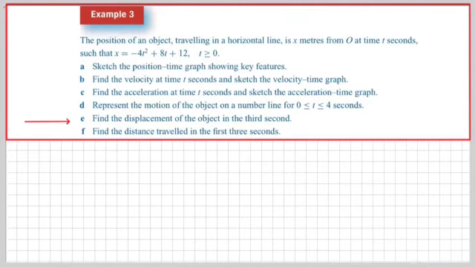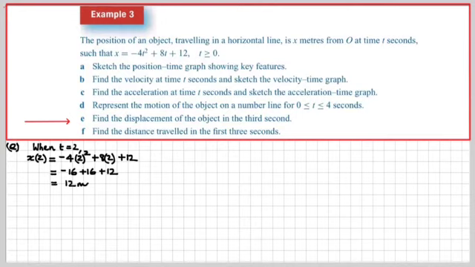That's D. Now, what have we got to do with E? Find the displacement of the object in the third second. Okay, now to do that, you've got to find the displacement at the end of the second second, and then the end of the third second, and then find the difference in the positions, right? That's what we'll do. So when t is 2, x at 2 would be that according to our formula, which gets us 12.